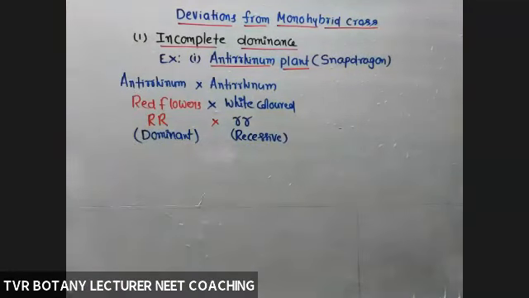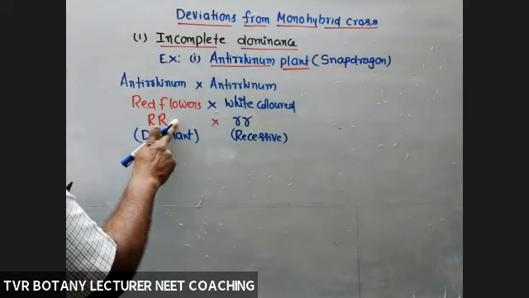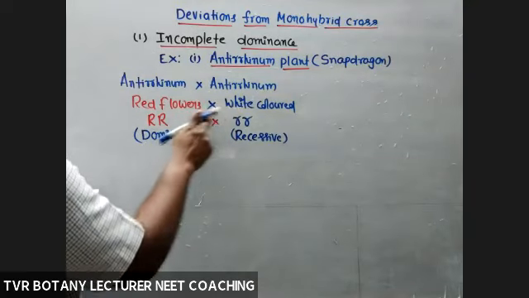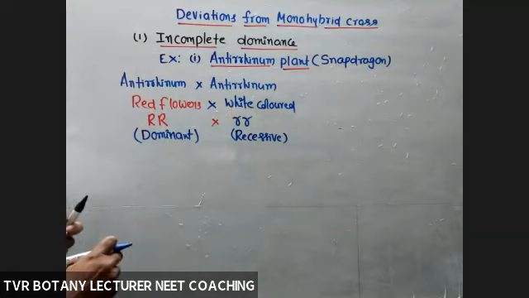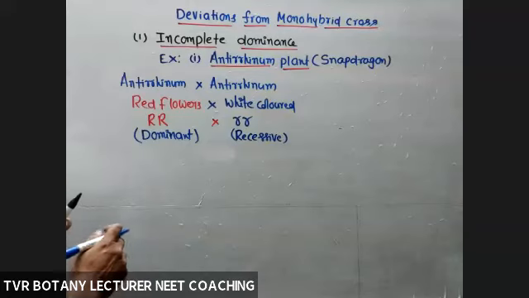So here they took color of the flower. Color of the flower is the character. What type of color is the contrasting trait? Red and white, contrasting traits. One pair of contrasting traits of one character, that is the flower color.